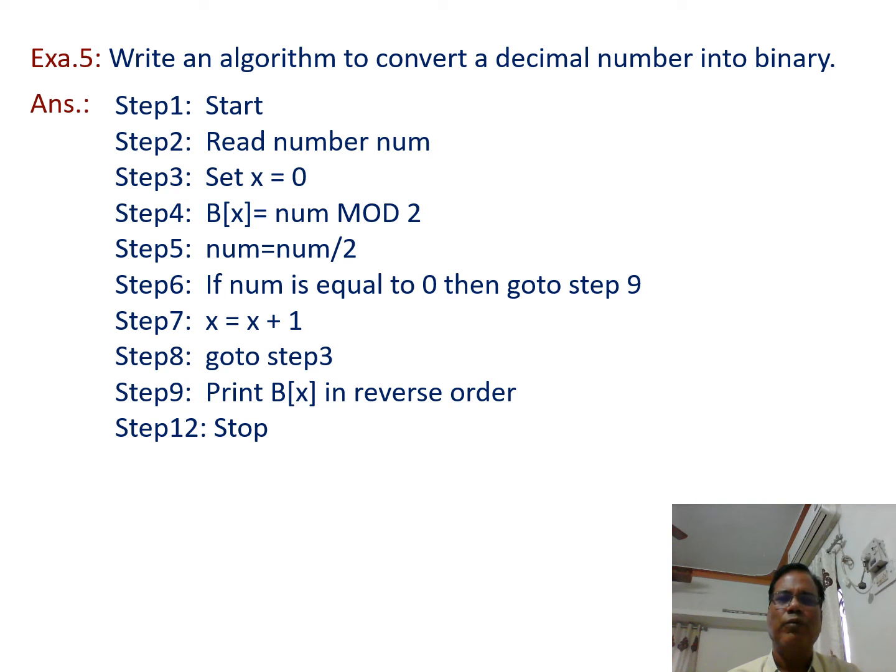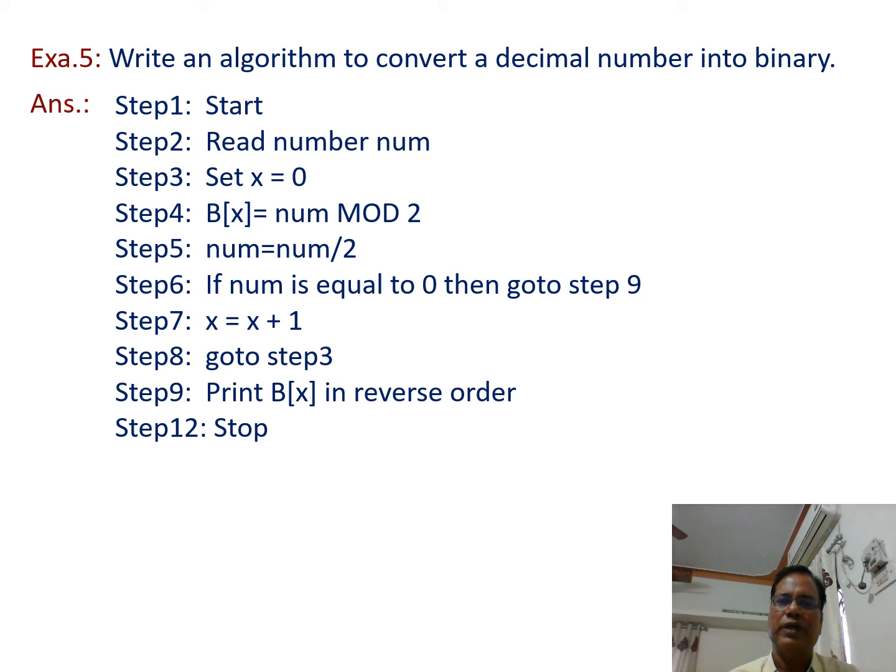Step 4, bx. Here a binary array is declared and x represents the element, and bx equals num mod 2. So the remainder after dividing the number by 2 is assigned to the first element of the array, as x is equal to 0, b0.